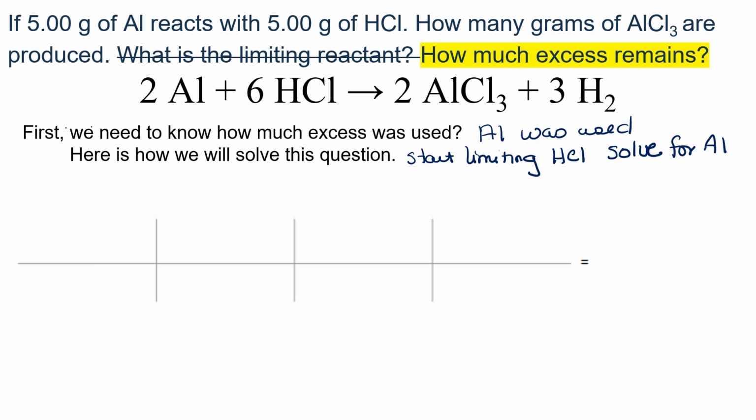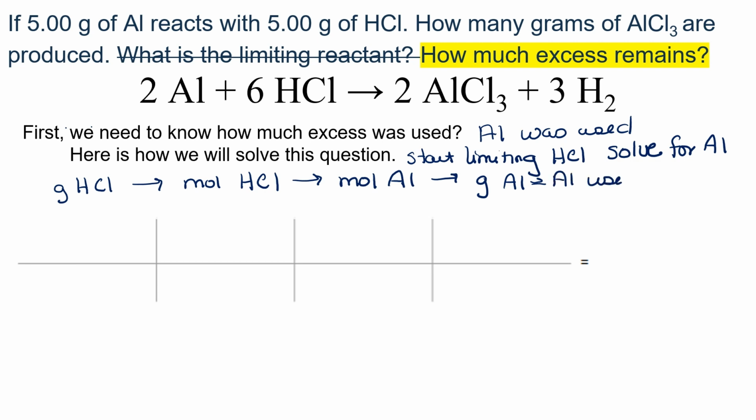So we're going to start with grams of hydrochloric acid. We're going to go to moles of hydrochloric acid, moles of aluminum, grams of aluminum. And this is going to equal aluminum used. So we have 5.00 grams of hydrochloric acid. And one thing that's really nice about these problems, we've already used all of these chemicals, so we already know all of the masses.